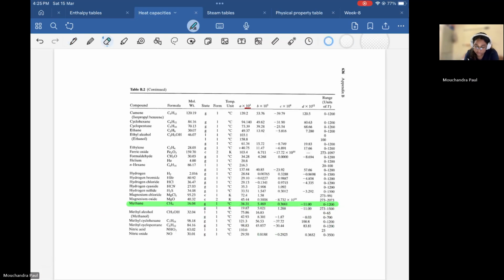This is your N-hexane, liquid state, only this liquid state, 216.3.